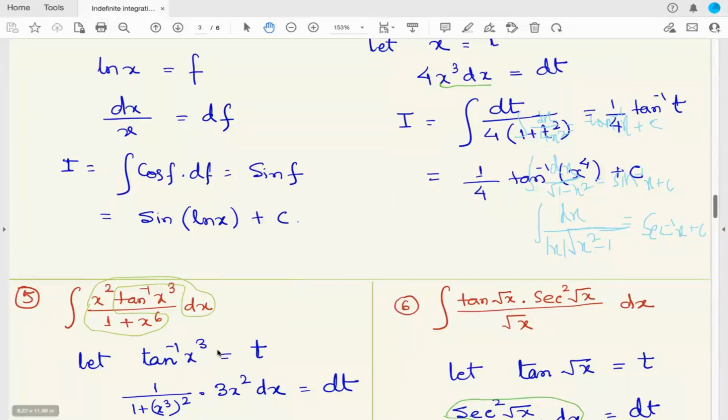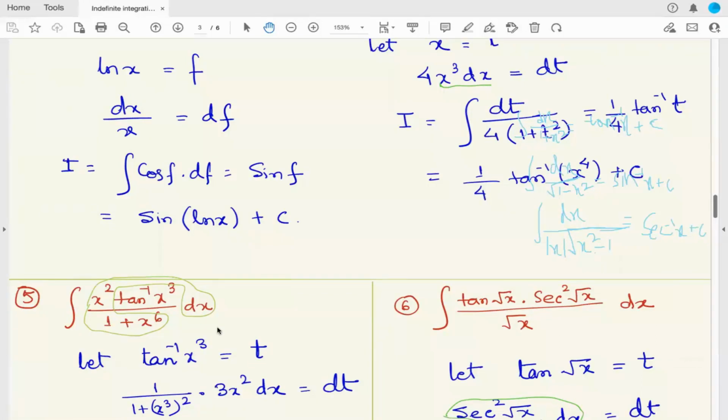Here we apply the chain rule, the basic rule of differentiation that you must have studied. The differentiation of tan inverse x cube is 1 by 1 plus x cube to the whole square.